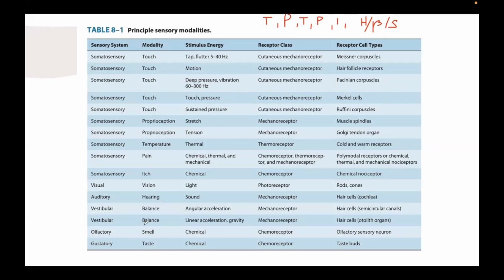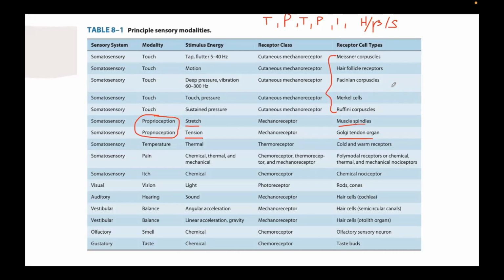Now I want you to go straight to the modality of proprioception. I want you to remember this includes the spindles and the Golgi tendon, with the spindle responding to the stimulus of stretch and the Golgi tendon responding to the stimulus of tension. Don't forget the cutaneous mechanoreceptors.